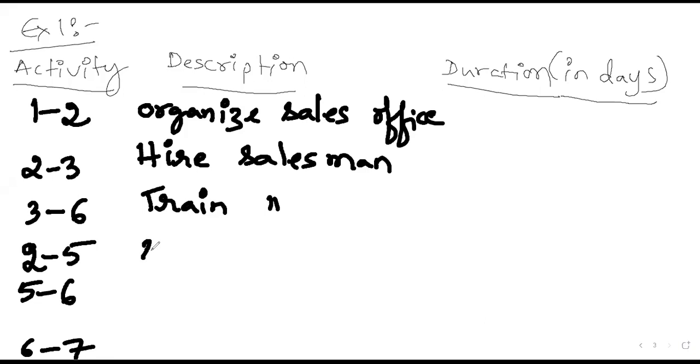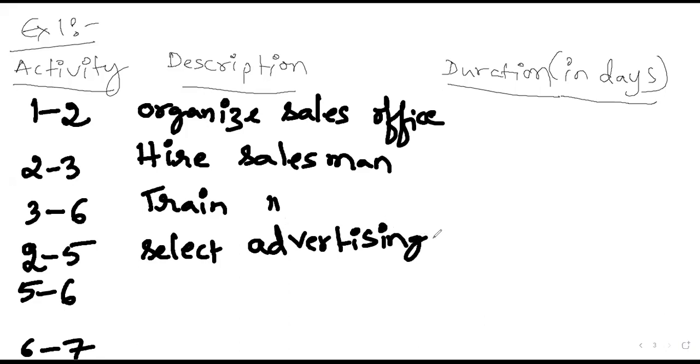Next is 2-5. 2-5 is select the advertising agency. Do not make note of anything yet. Selecting advertising agencies, and next is plan for advertisement campaign.